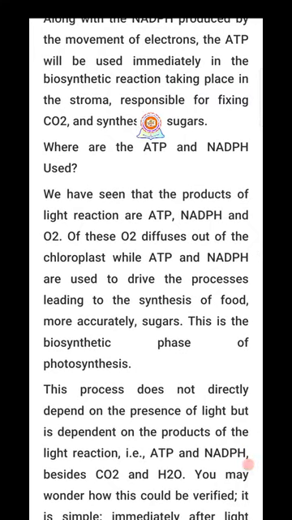The ATP and NADPH are used for the formation of sugars, or formation of the food, and the oxygen that is released during the process diffuses out of the chloroplast.